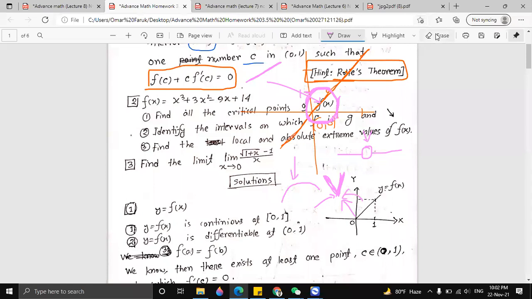So 2 things: number 1, there is no hole, and number 2, no sharp point, no sharpness.